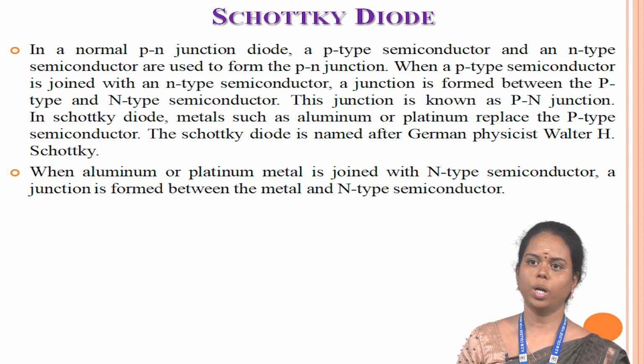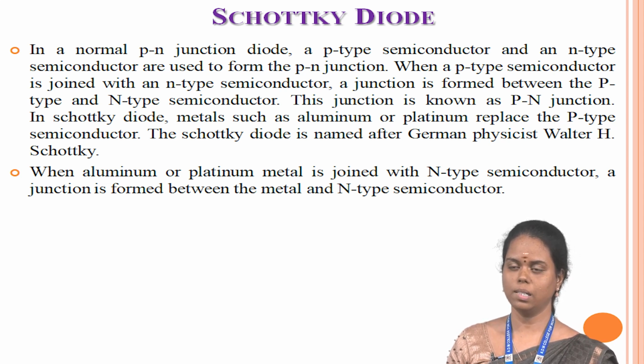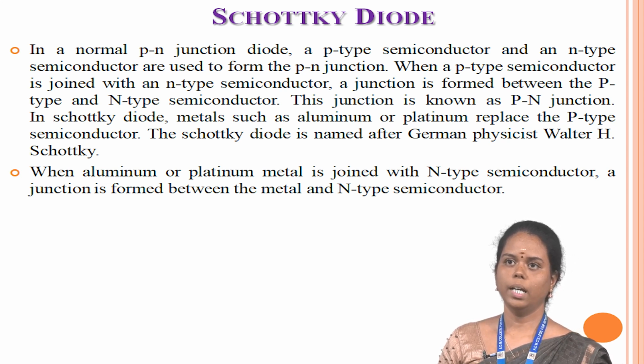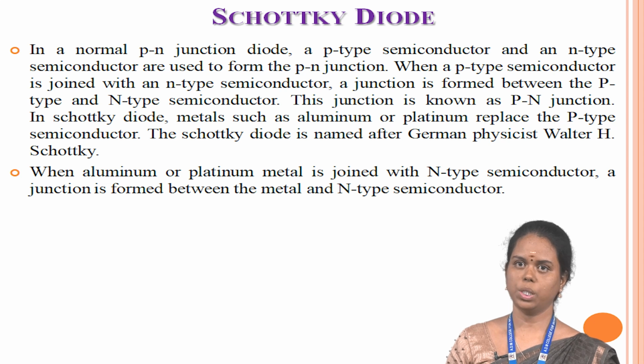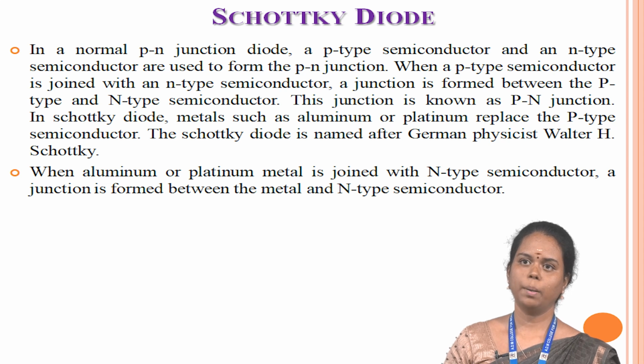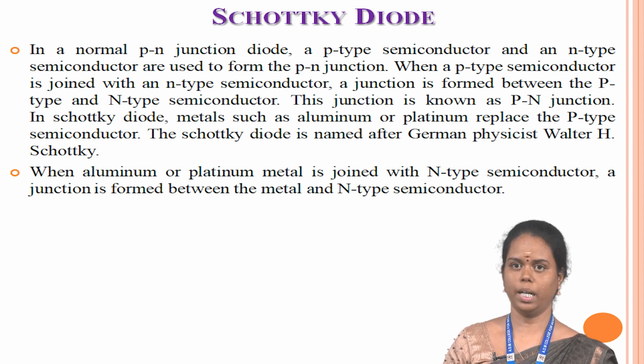The Schottky diode is also known as the Schottky barrier diode, surface barrier diode, majority carrier device, hot electron diode, or hot carrier diode. Schottky diodes are widely used in radio frequency (RF) applications. When aluminum or platinum metal is joined with an N-type semiconductor, a junction is formed between the metal and the N-type semiconductor.